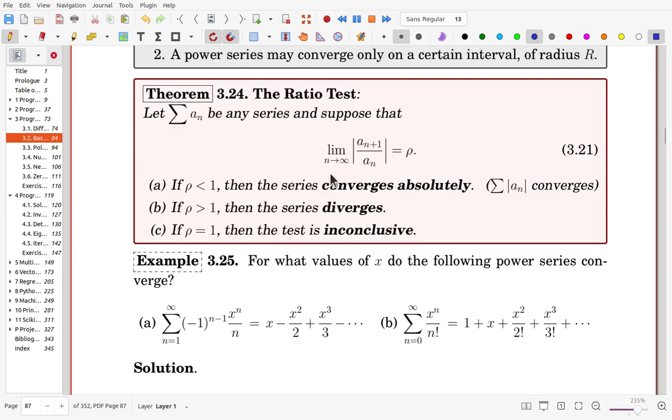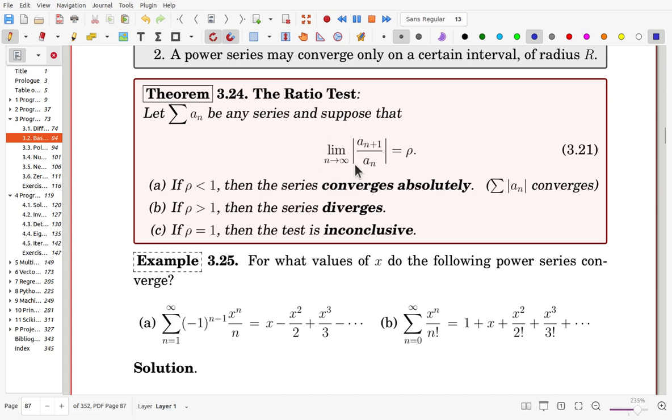Okay, we try to measure the ratio of consecutive terms in the series, and take the absolute value of this ratio.